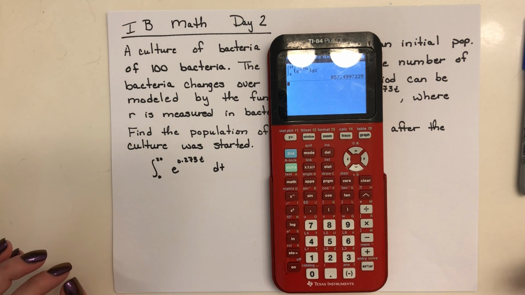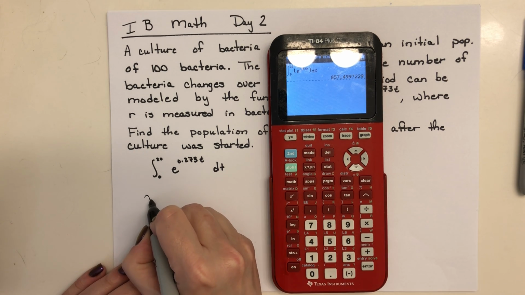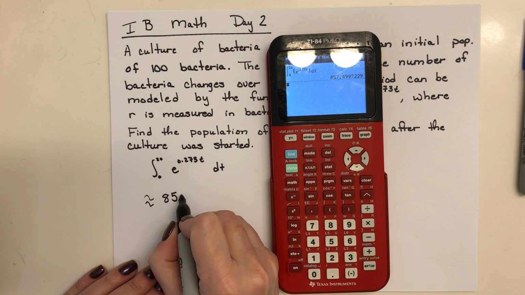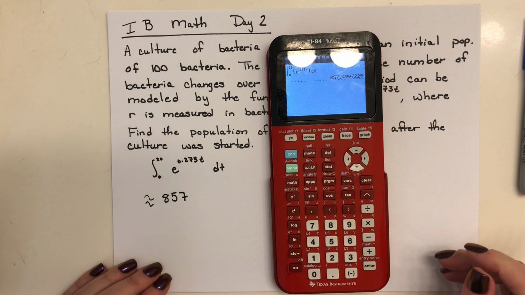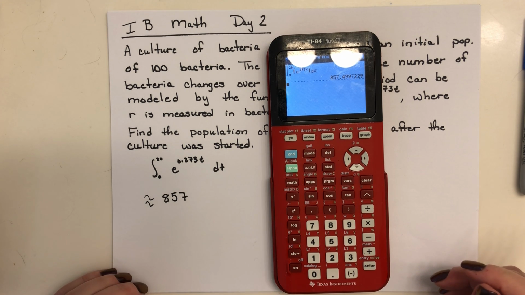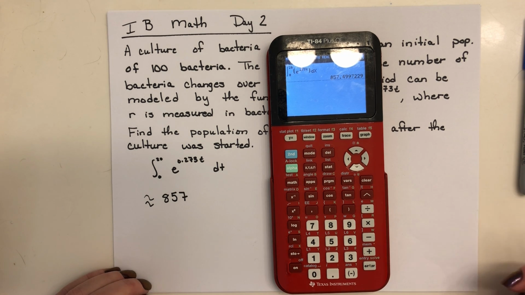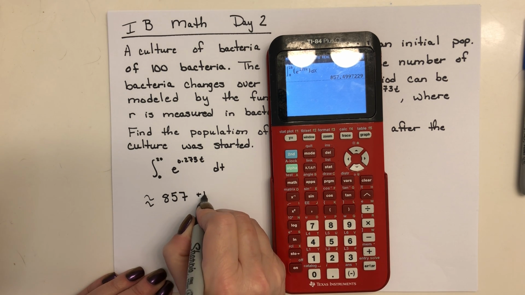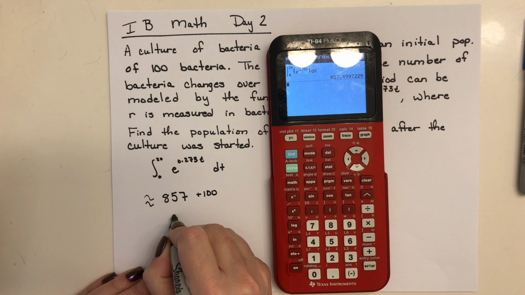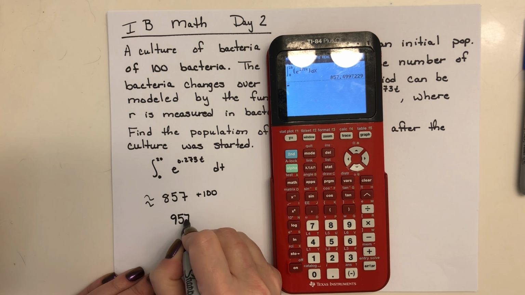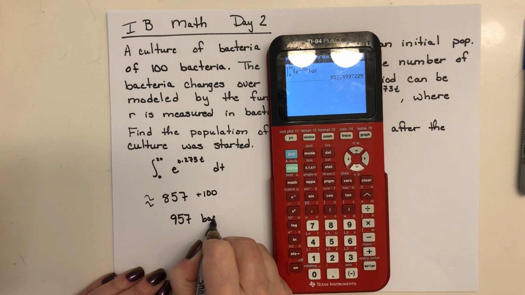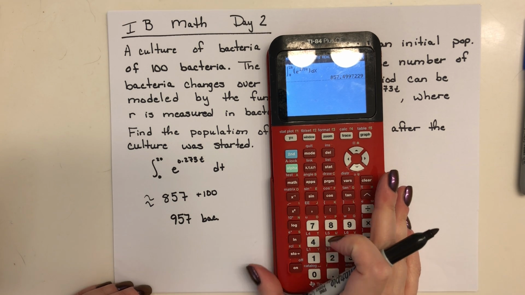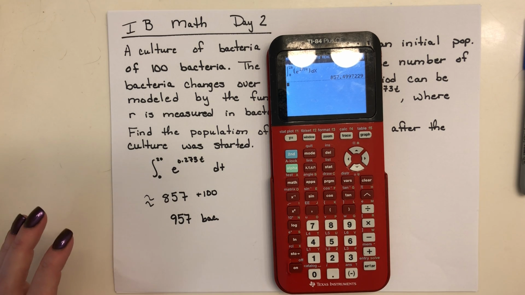You integrate that, and it tells you that you have approximately 857 bacteria. That's the change from day 0 to day 20, but on day 0 we had 100, so we have to add 100 on, so you end up with 957 bacteria approximately.